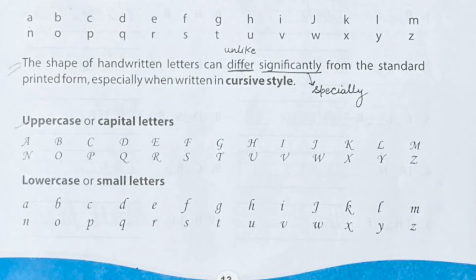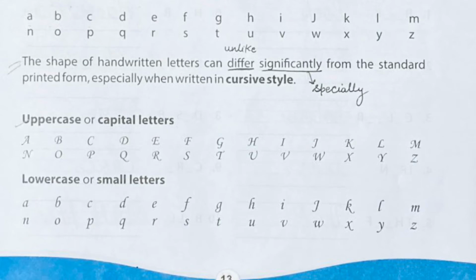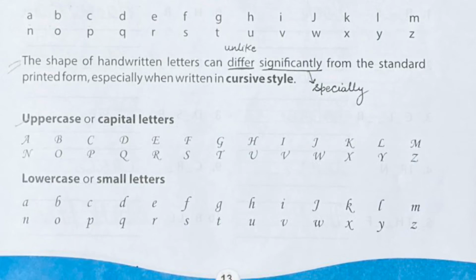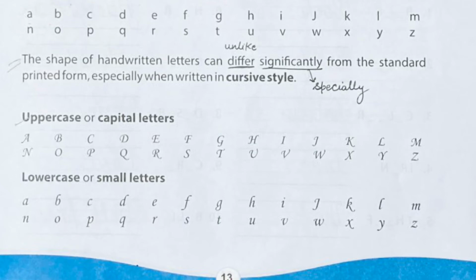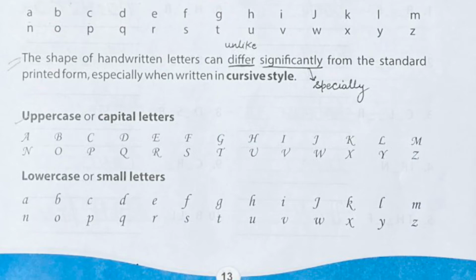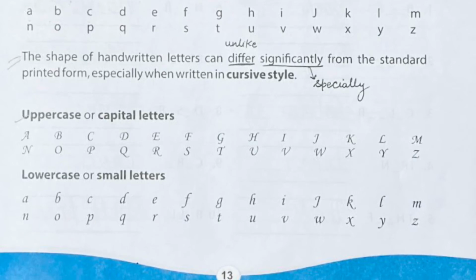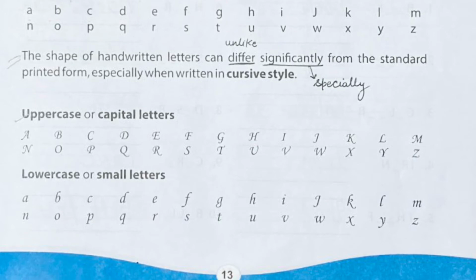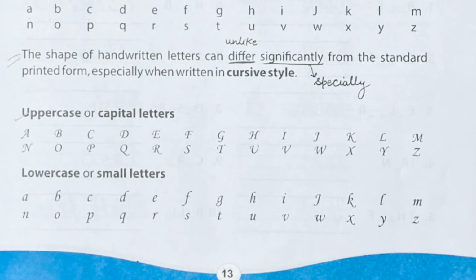As you can see in the example here, they have given uppercase, known as capital letters, in cursive style also, and lowercase also in the cursive style. So they are very much different from each other.